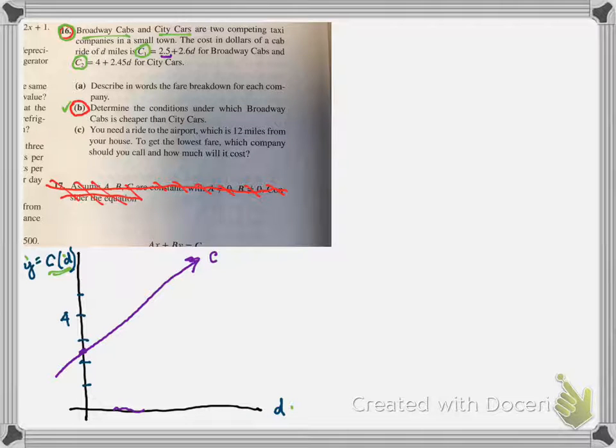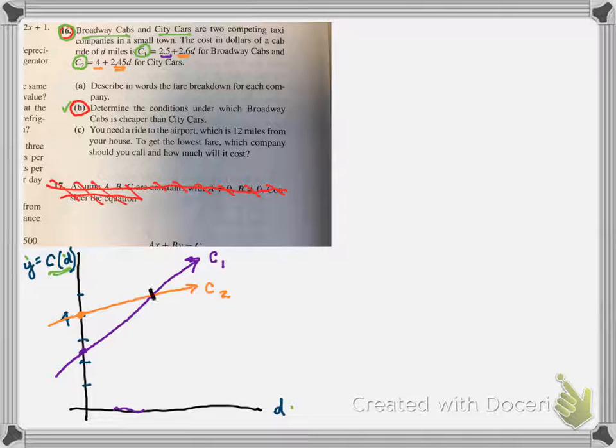This is C1. Now we know that C2 in comparison has a larger y-intercept of 4, so C2 will start up here at 4, but its slope is less than the slope of 2.6, so it's still increasing, but not at as great a rate, and so C1 and C2 will intersect out here somewhere.